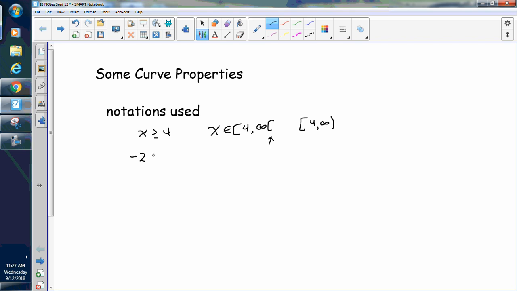So we want to say negative 2 is less than x is less than or equal to 7. Our textbook will write it like this, just so you can get used to what you're seeing out of them.